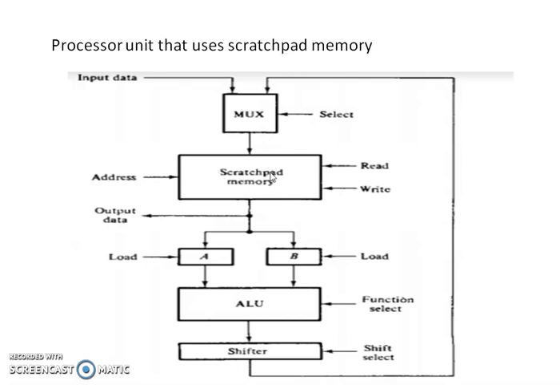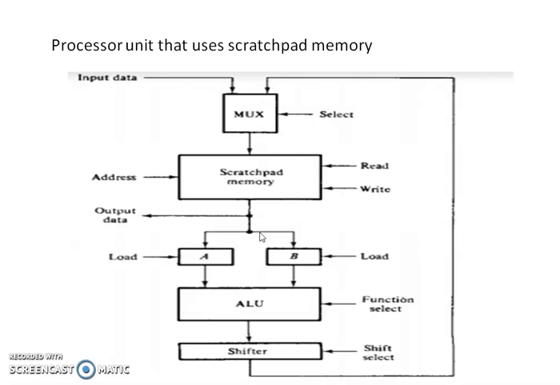The location can be identified using the address, and after performing the read or write operation, in order to fetch any data for the ALU to perform the operation, we perform the read operation. A read signal will be initiated to fetch the data from the scratchpad memory and place it on the registers A and B.